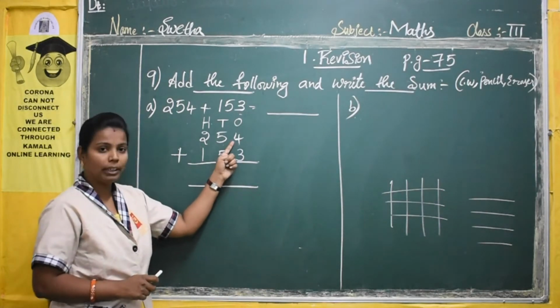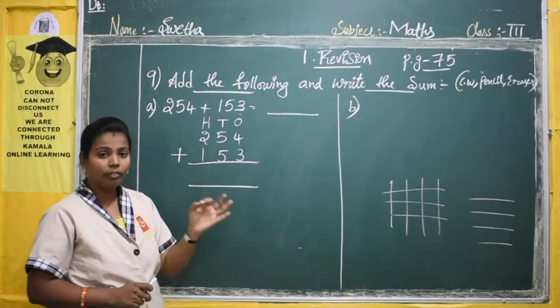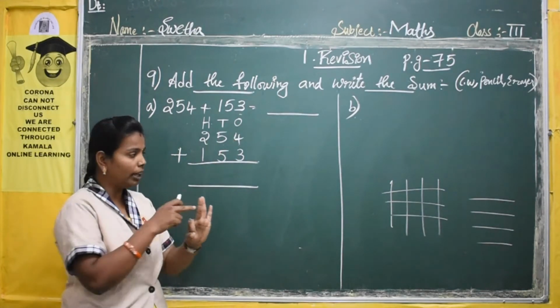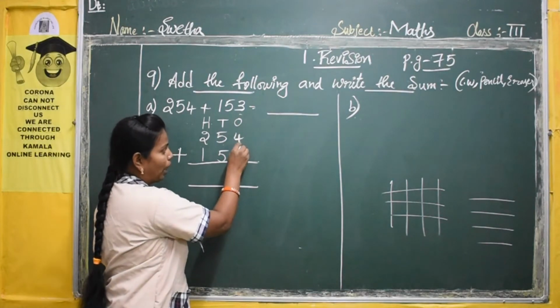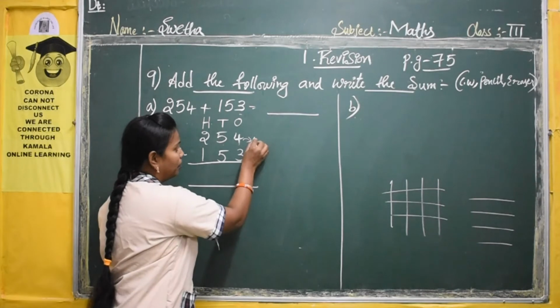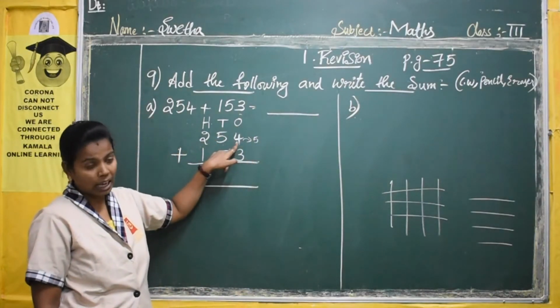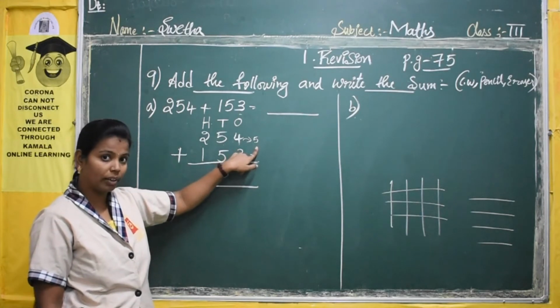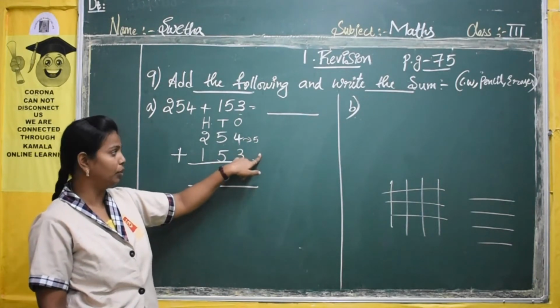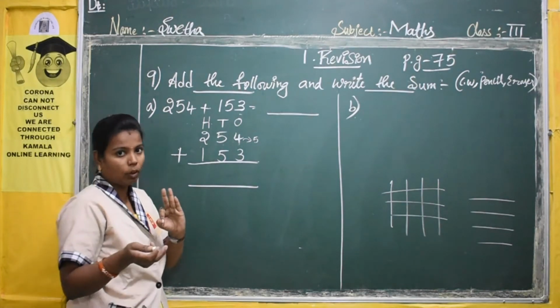See here. Whatever the first number is, we will take in mind. Whatever the second number is, we will take in fingers. The first number is 4, so 4 we will take in mind. 3 we will take in the fingers. After this number, whatever number comes next, from there we should start the counting. Here we have 4. After this 4, what is the number? 5. So you start counting from 5, until you complete the second number.